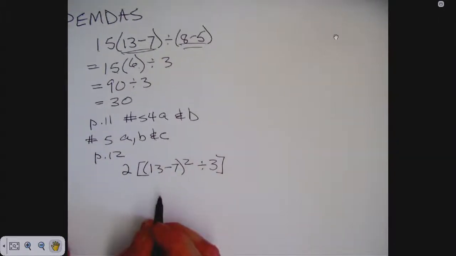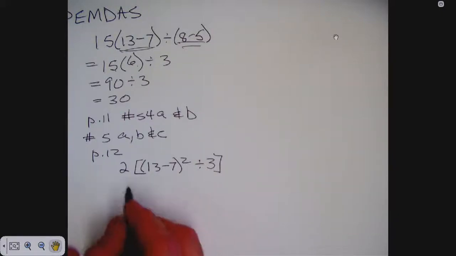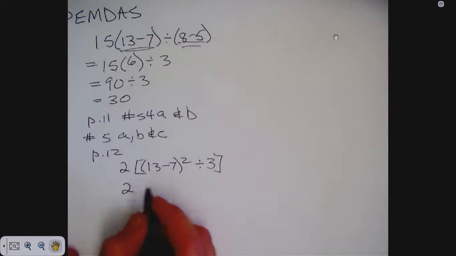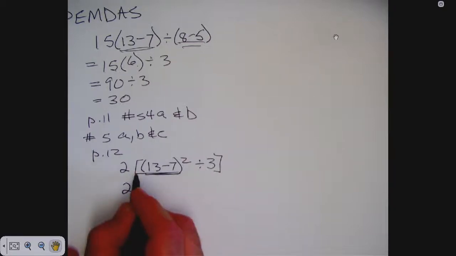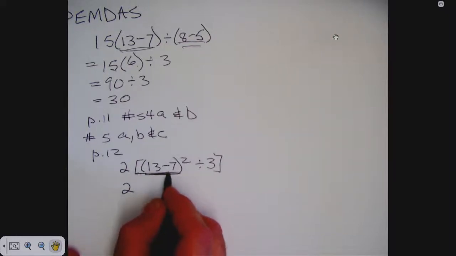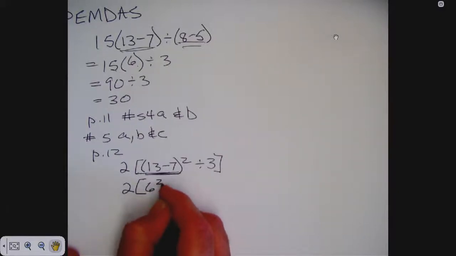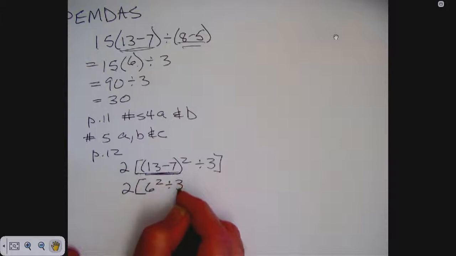Well, what I do is I do innermost grouping symbols first and then work my way out. I'm going to do this parentheses before the bracket, because the bracket is outside of the parentheses. So I'm going to do 13 minus 7 is 6 squared divided by 3.